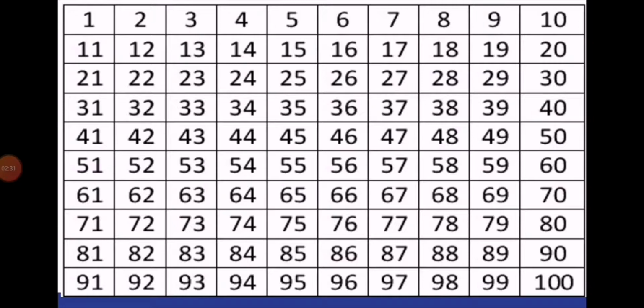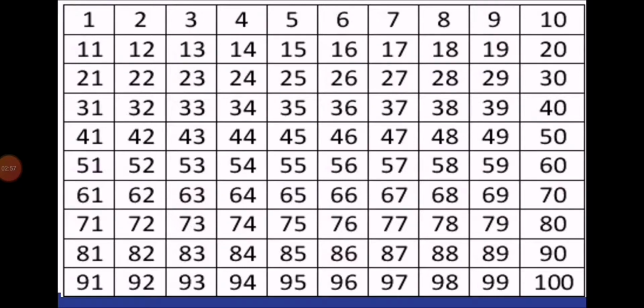For example, take a look at 99. Look at the number 99. In the 90s row, a column: 99, 89, 79, 69, 59, 49, 39, 29, 19, 9. From 99 till 89, you can count. Put 99 in mind and count back.